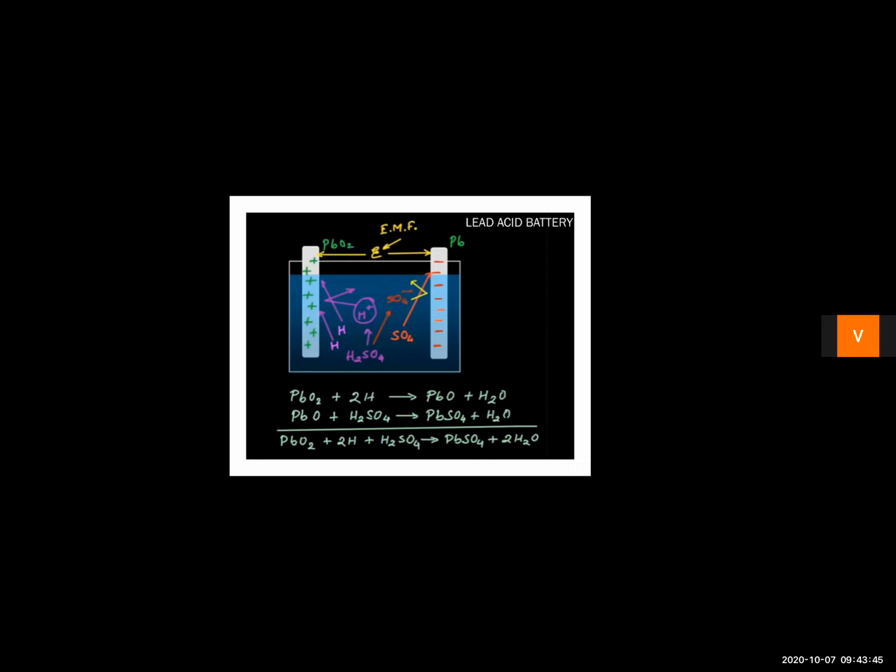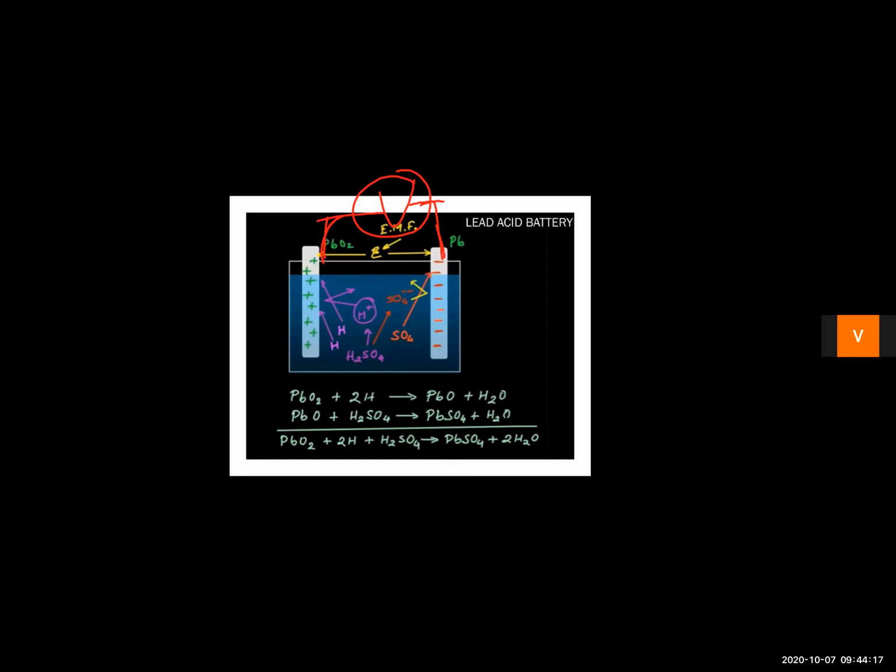Now, if we connect the two plates with a voltmeter, अगर हम बेटा voltmeter के साथ इसे connect करते हैं, then you will see that the voltmeter will show you the potential difference in volts, right? That is the potential difference between the two plates when no external circuit is connected, कोई resistor connected नहीं है, no bulb, nothing, right?